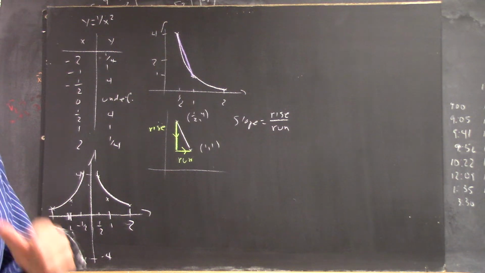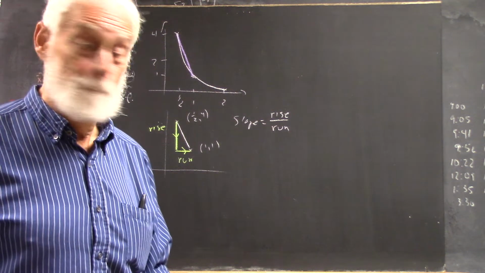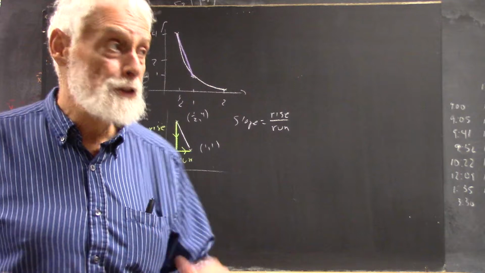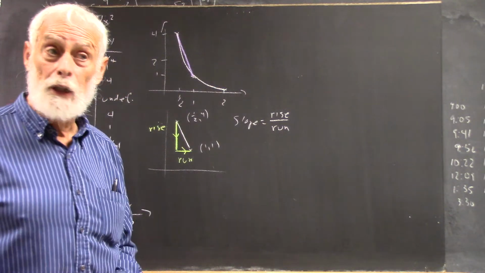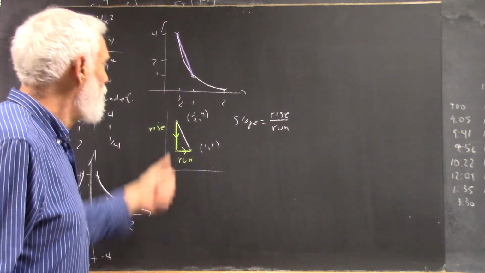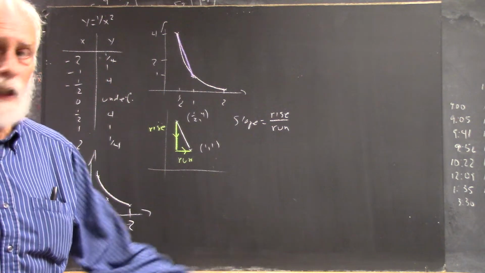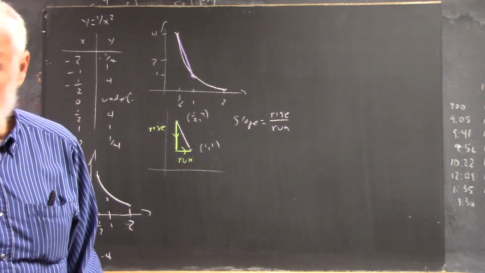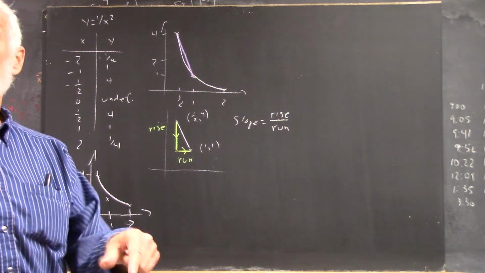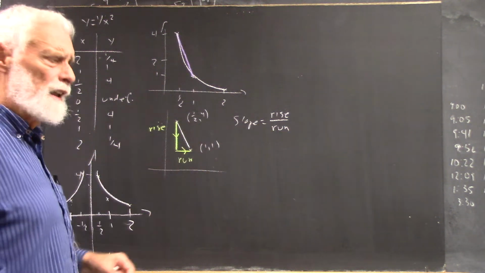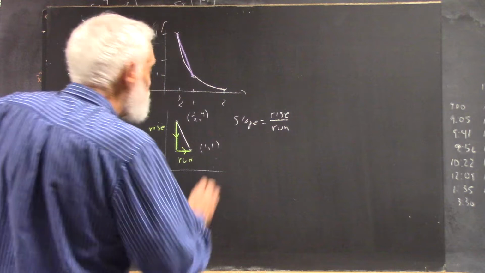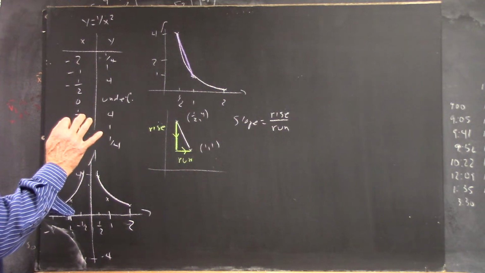But you want to keep the order straight. The order needs to be consistent with your arrows. Otherwise, you might go in one direction from the y's and the opposite direction from the x's and get the negative of the correct slope, okay? So you want to be careful about that, but that's easy. You're not likely to make that mistake anyway. Still, we want to make sure, right?